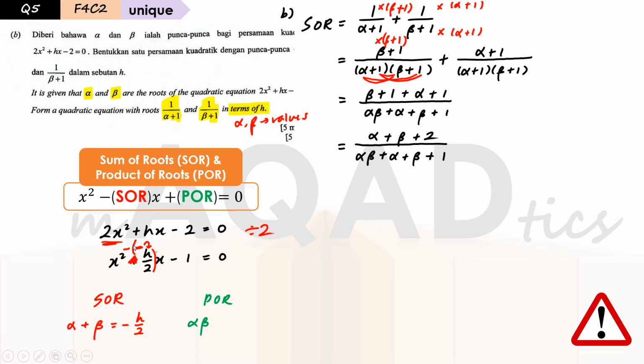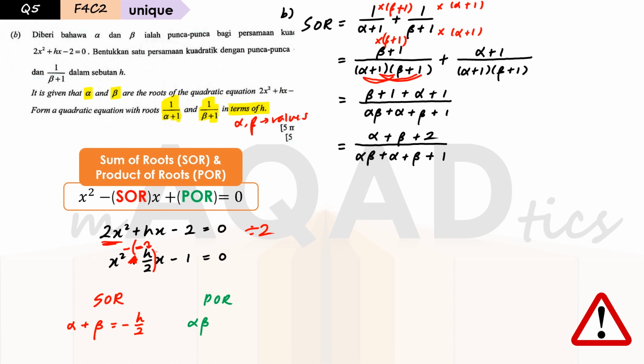Why do we need to split this positive into two negatives? Because we need to match it to here. Since there's a negative here, I need to have a negative outside. Once I have a negative outside, the x value here would be negative h over 2, to compare with the equation here. So our SOR here is negative h over 2.